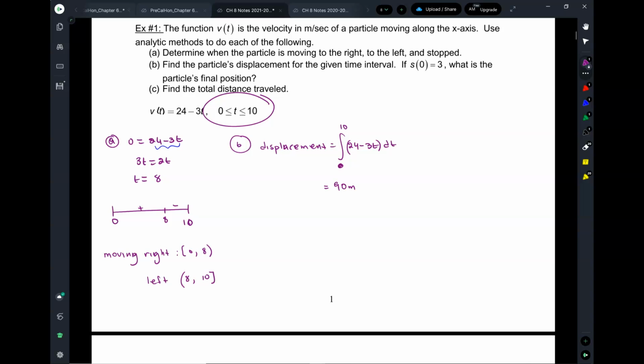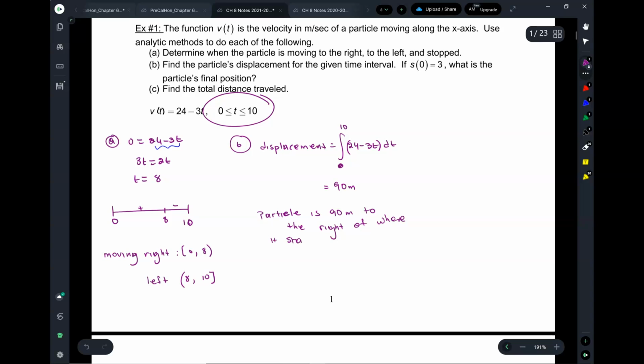If the displacement is positive 90 meters, it means that at the end of the 10 seconds, the particle is 90 meters to the right of where it started.